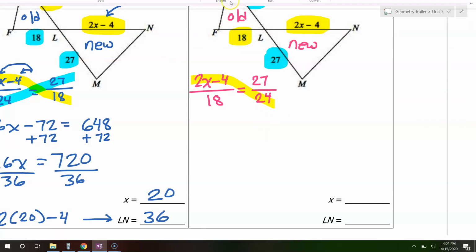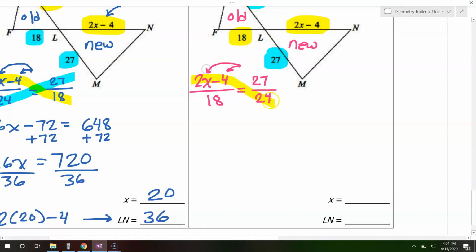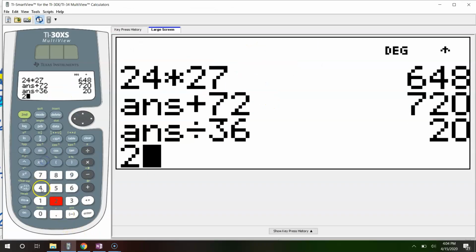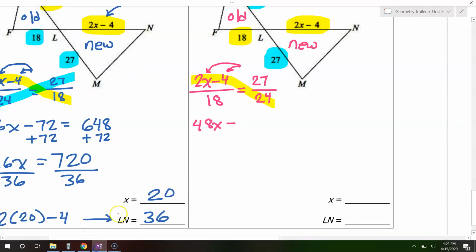Don't forget, we are doing the distributive property. We're taking the 24 and we're multiplying it by both of these parts. All right, so 24 times 2 is 48. So I'm going to get 48x. Now 24 times 4 is 96.